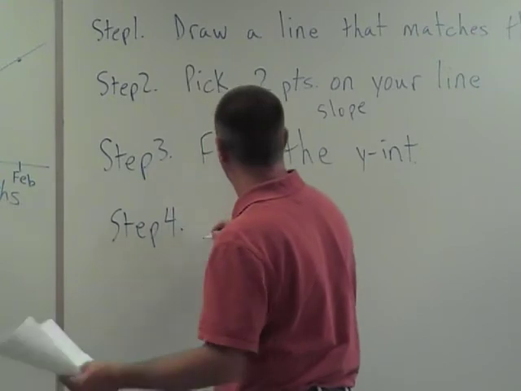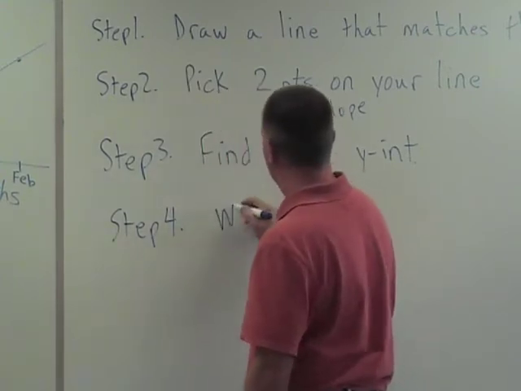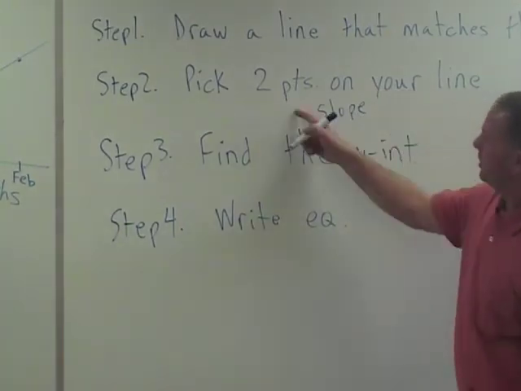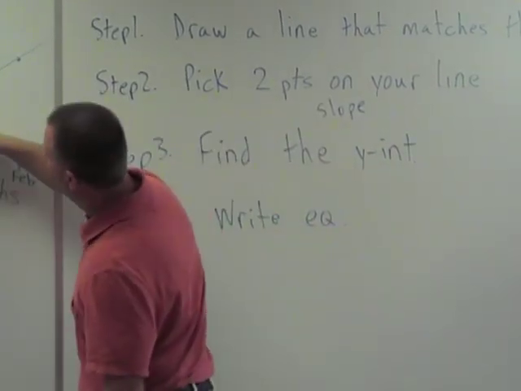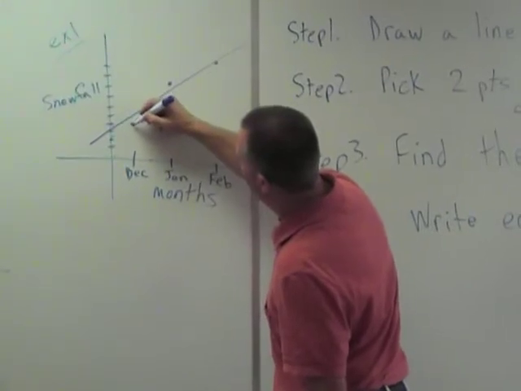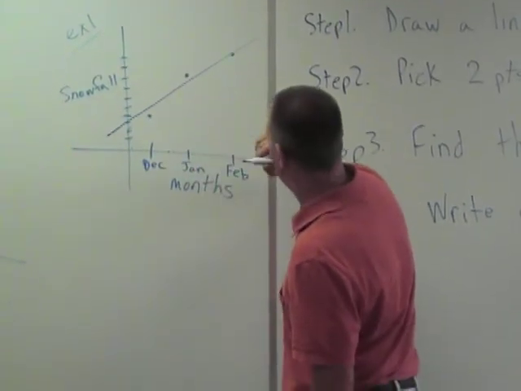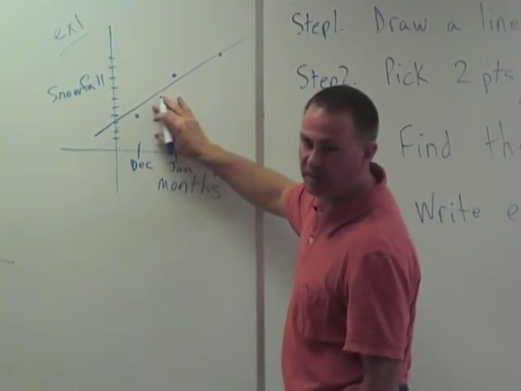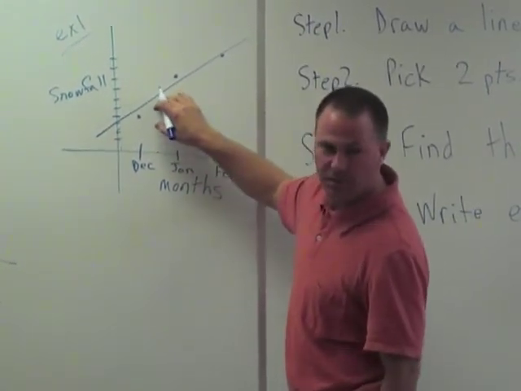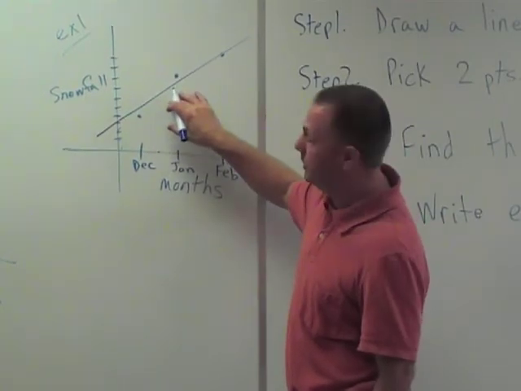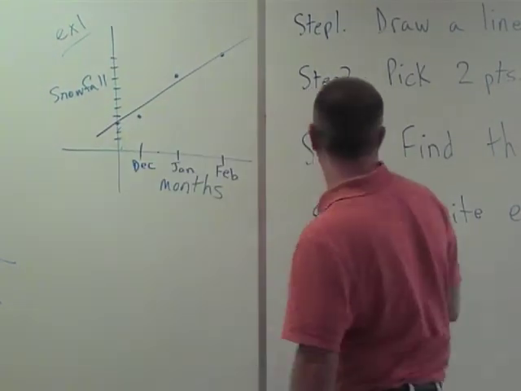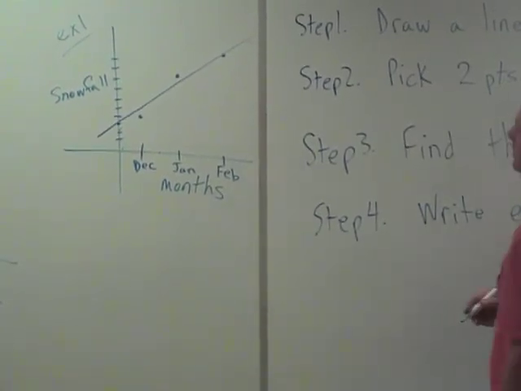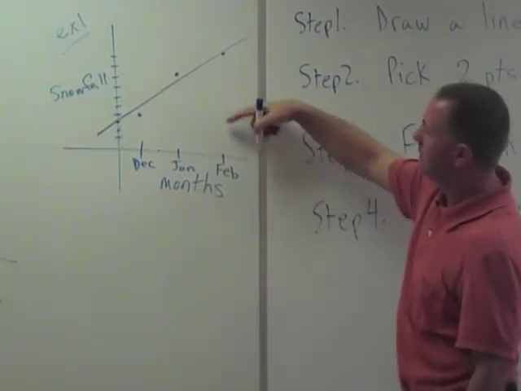So we're going to do that real quick with this line that I did. Write equation. So pick 2 points. Try to pick 2 points that are nice and neat. Don't guess. Make sure that your line is hitting someplace where you can pick 2 good points. (0, 3) sounds good. Why would that be a good point? Because it's the intercept. And then what about this right here? (3, 10).